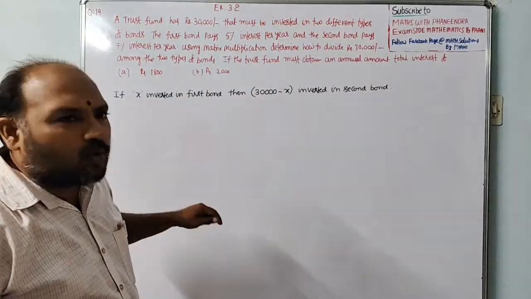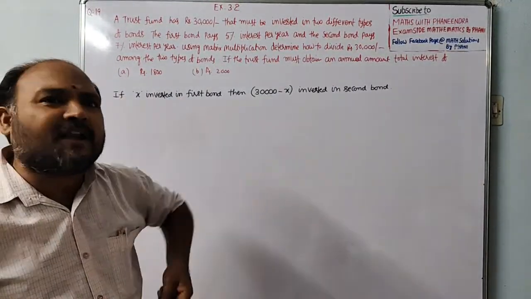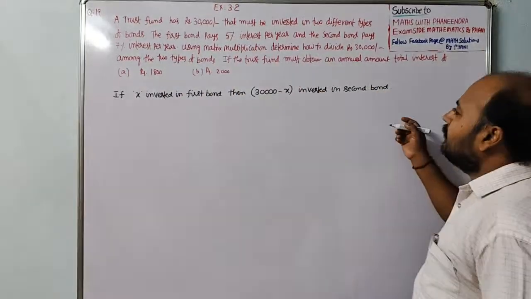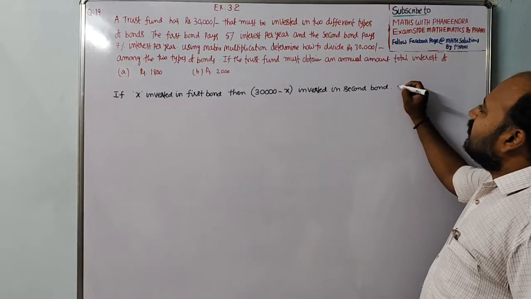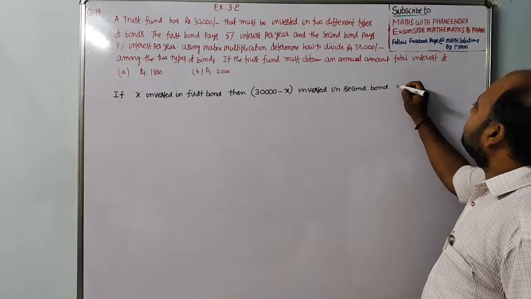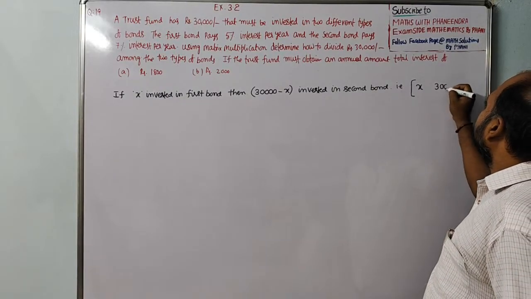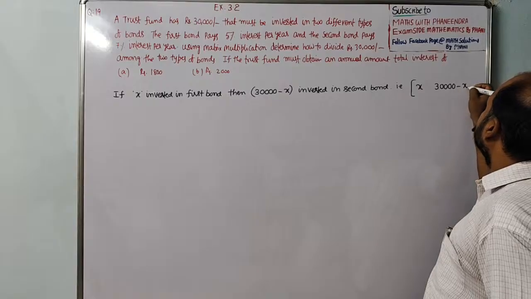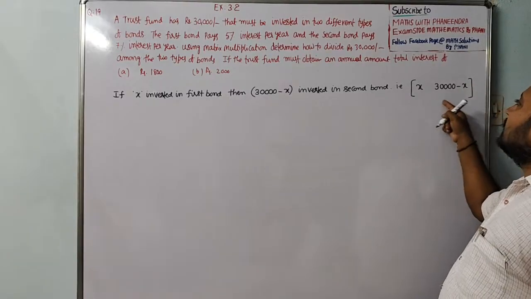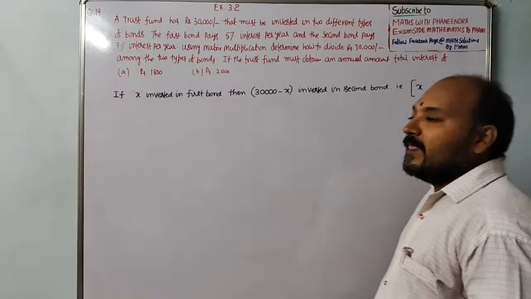So what we have to do is bring this as a matrix. We are writing in the matrix form, that is X, 30,000 minus X. So this is like a row matrix.